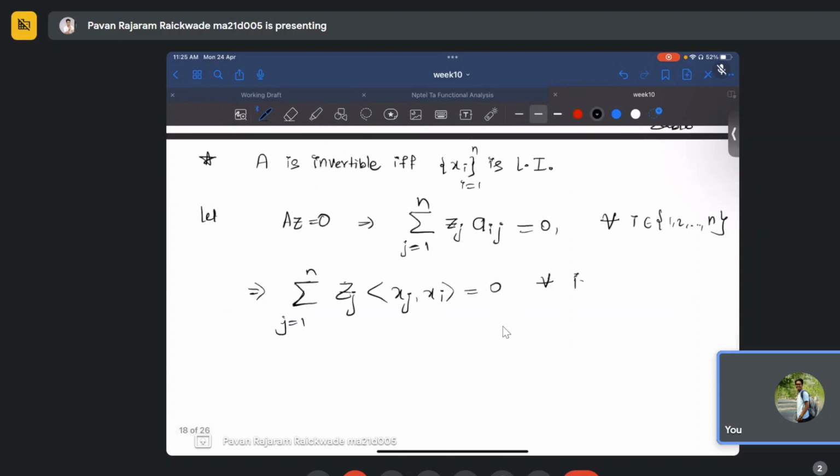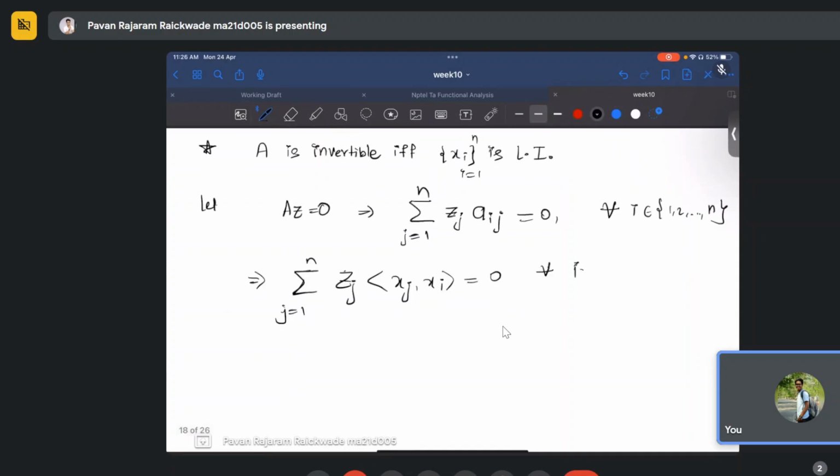This implies the inner product of the summation of zj xj, j from 1 to n, with xi is 0 for all i. That means this element, if I call it y, belongs to the perp.